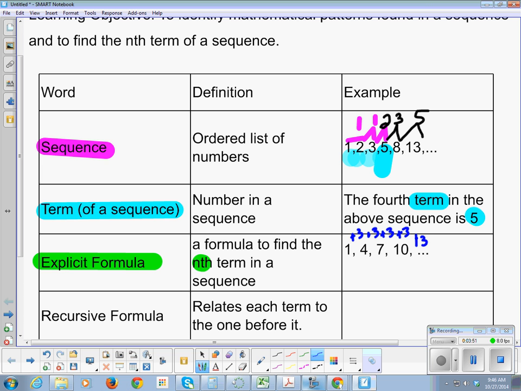So we need a formula that works no matter where we are in the sequence. So if I said I wanted the 20th term, I could go and write down all 20 of them, but that would seem really hard. Wouldn't it be nice if I could put together a formula that I could just put the number 20 into and find out what it would be? So let me show you.